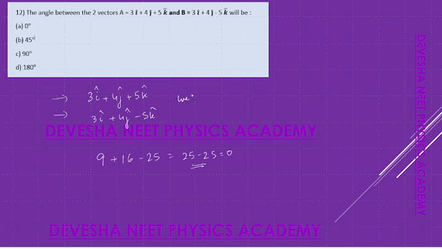Find the dot product of both vectors. This is equal to 9 plus 16 minus 25, so 25 minus 25 is equal to 0, right?